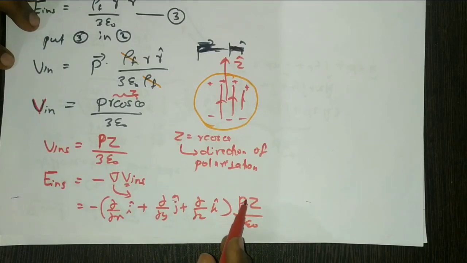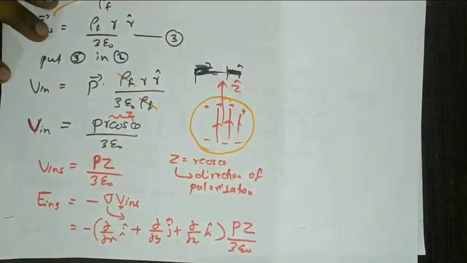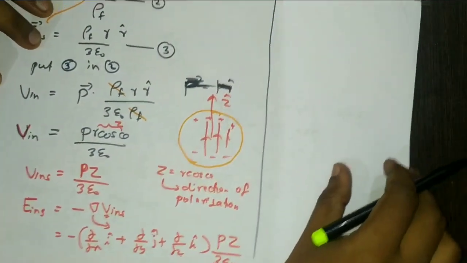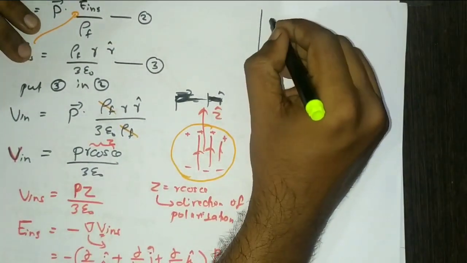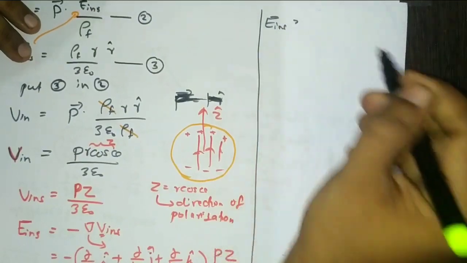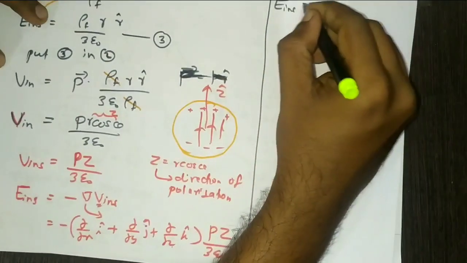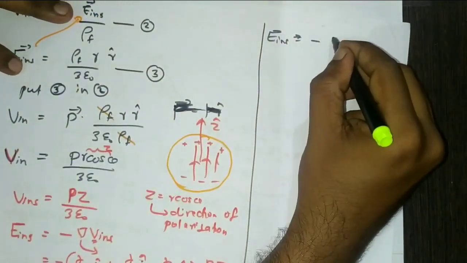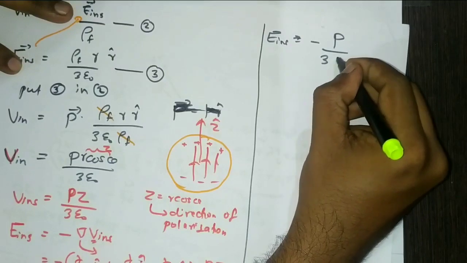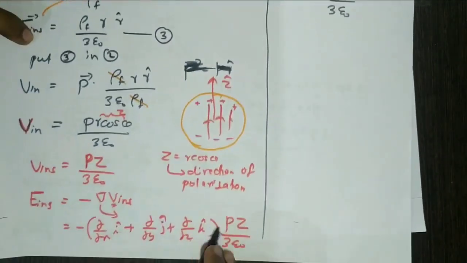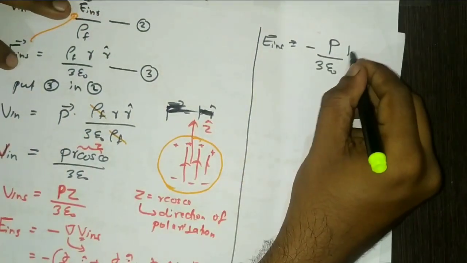Now here the potential depends only on z. Therefore, this electric field inside can be written as minus the derivative with respect to z of P z by 3 epsilon 0, which is minus P divided by 3 epsilon 0 along k cap.